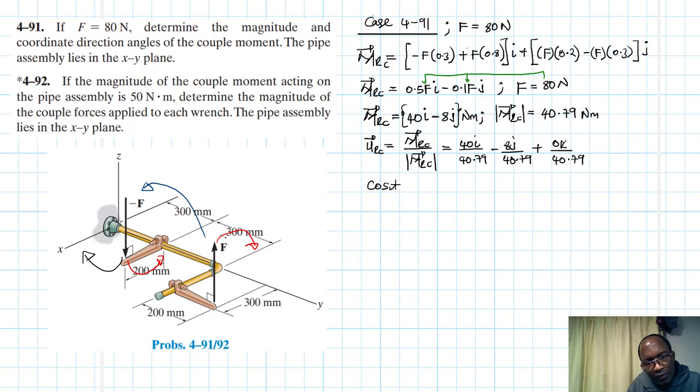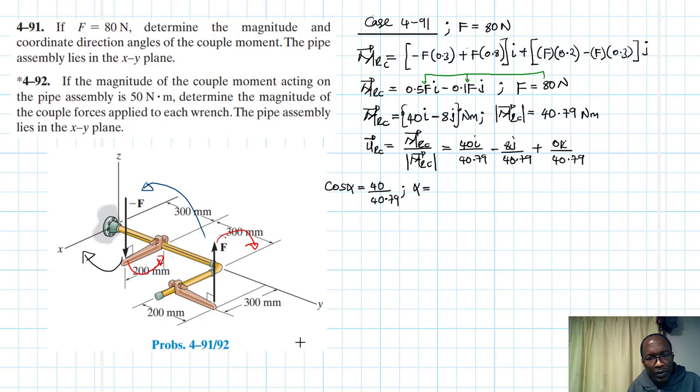Right, and therefore cos alpha, which is the angle between the positive x-axis and the moment vector, is going to be equal to 40 divided by 40.79. Therefore our alpha is just going to be equal to, I'll move it somewhere so that I'll have space for the others.